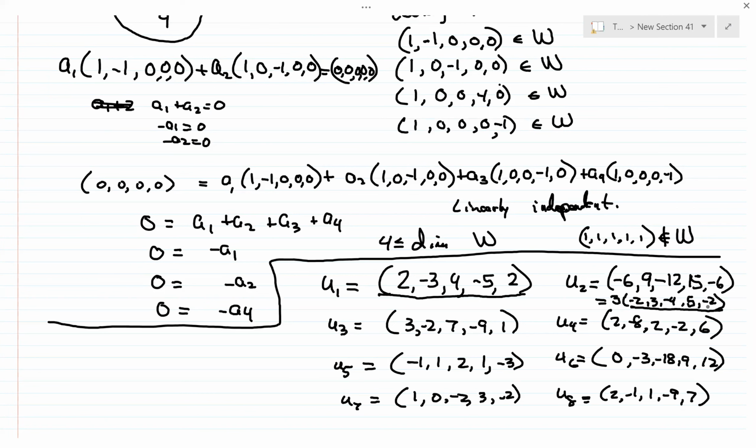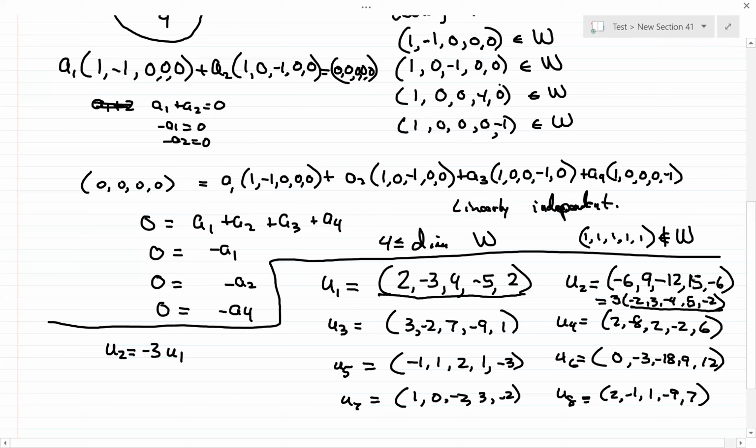It means that U2 is just -3 times U1. Is that right? I think so. Yeah. So just an observation. U2 is -3 times U1. And that came about by noticing that these all had a common factor of 3.